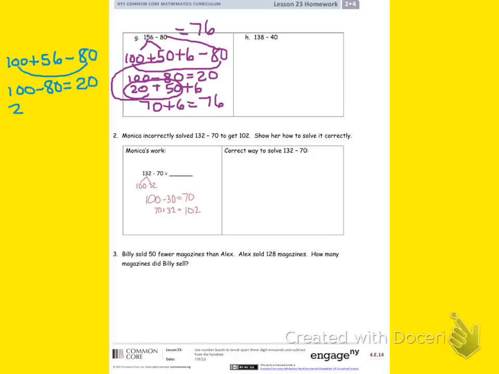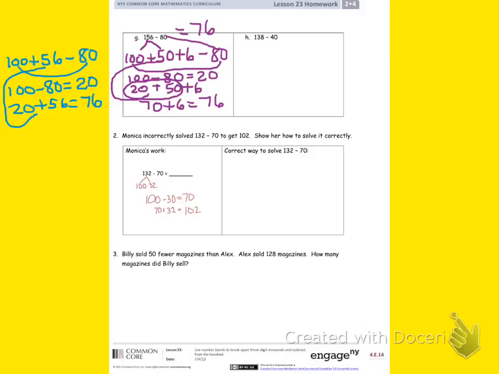Now take that 20 and add in the 56 and get 76. No matter which way you decompose the three-digit number, you still get the same answer. Now you do item H yourself.